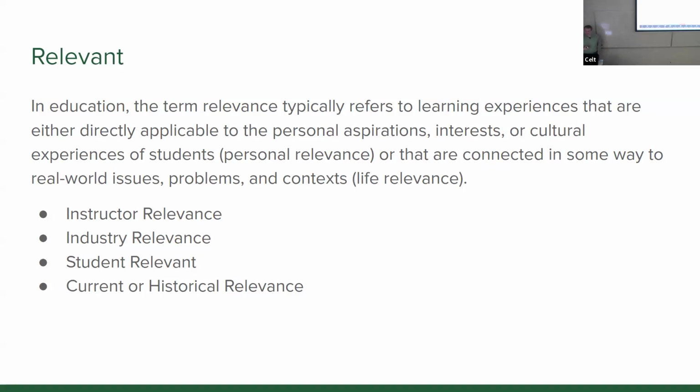Or last, topics that are connected in some way to real world issues, so current events, problems, and contexts, or as they refer to it, life relevancy. So the first thing I'd encourage you to think about is the relevancy to you as an instructor.